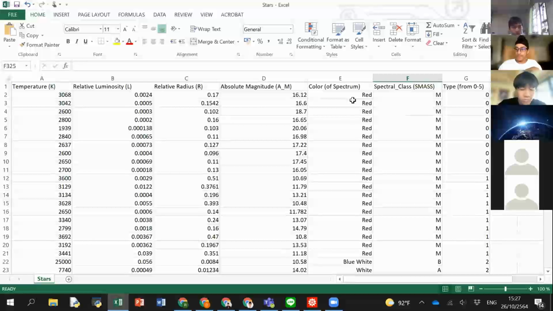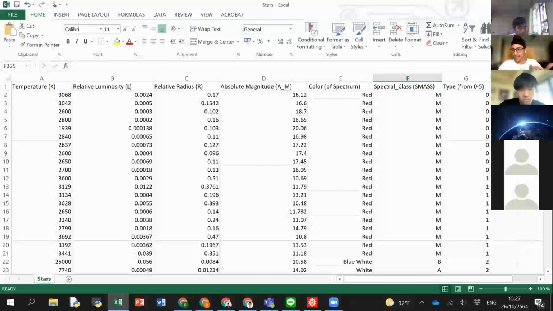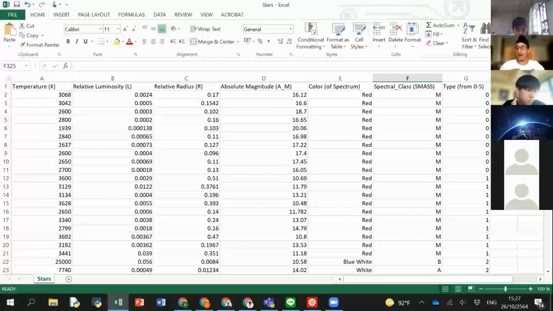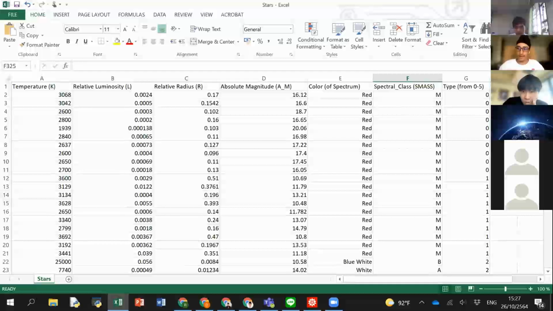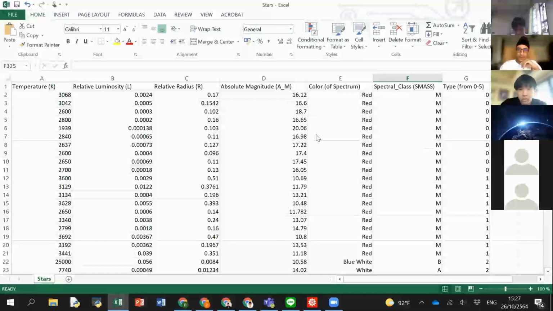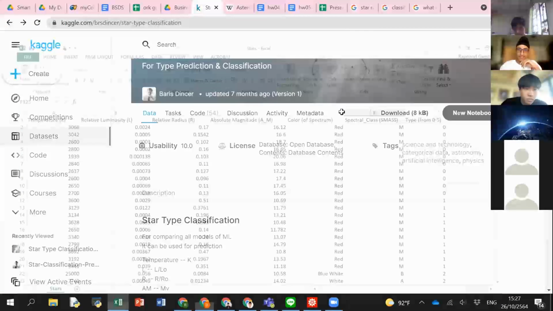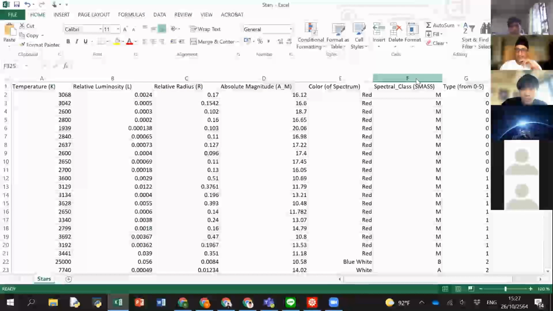And what I plan to do is analyze each relation among the columns and ultimately develop a machine learning model from it. And I want to clarify one more thing about the SMASS, which is the spectral class.